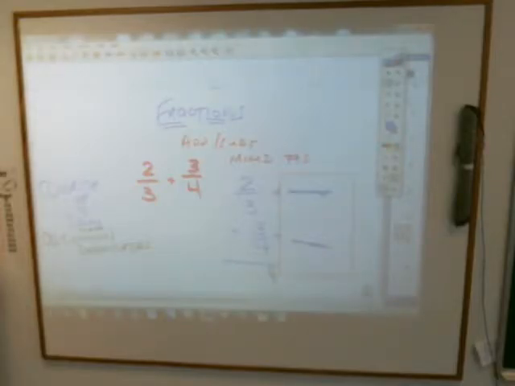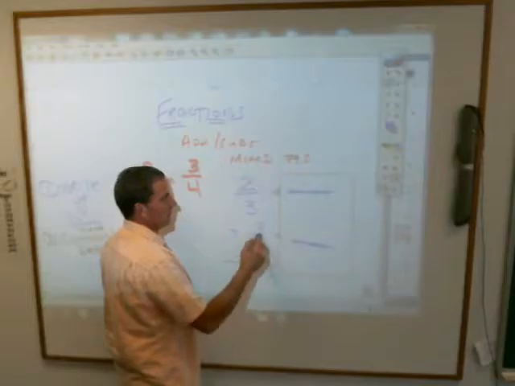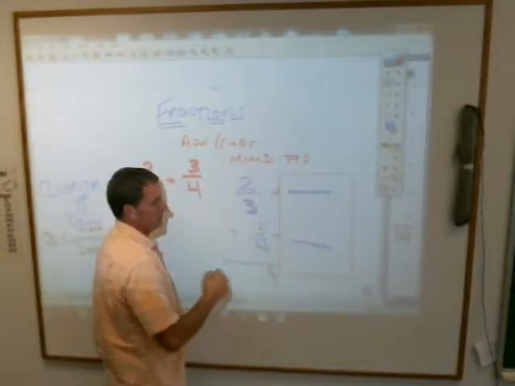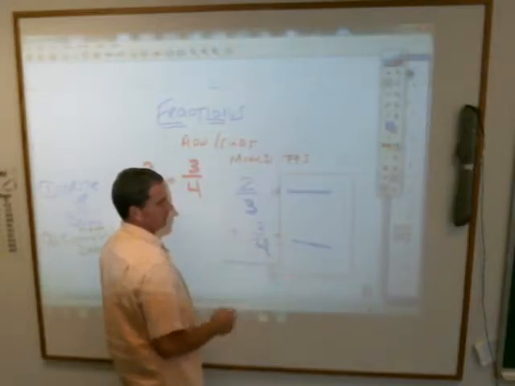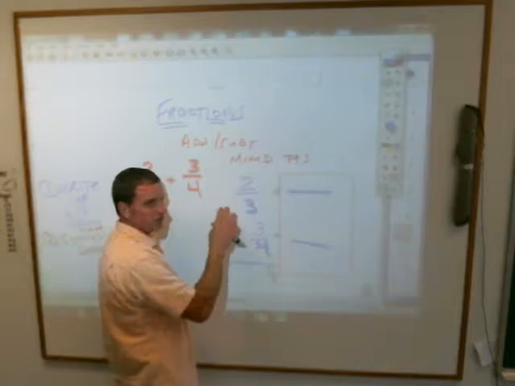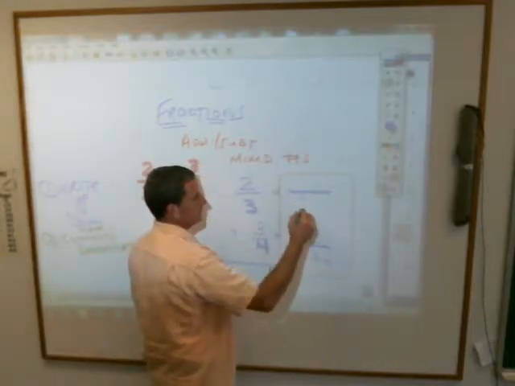It's actually called the least common multiple, if you remember back in the day. What is the smallest thing that both 3 and 4 will go into? If you're counting by 3s and you're counting by 4s, what's the first number you'll get to that they both have? And that's where Grace said 12.